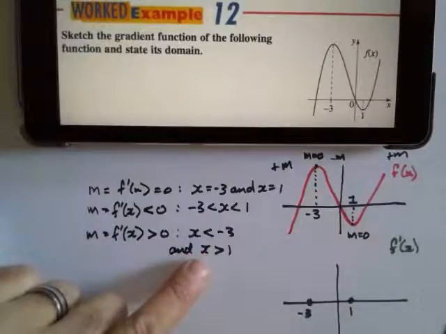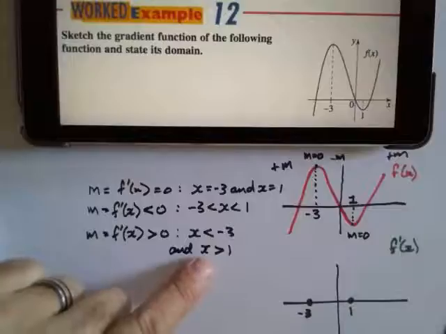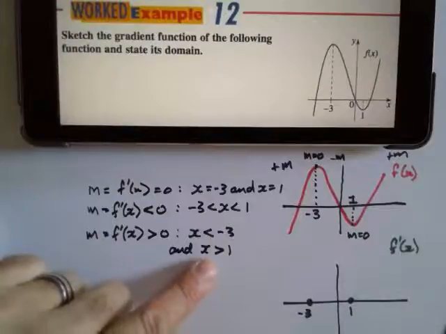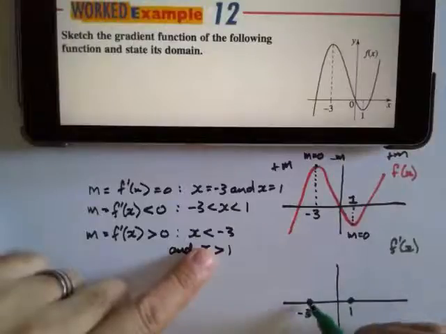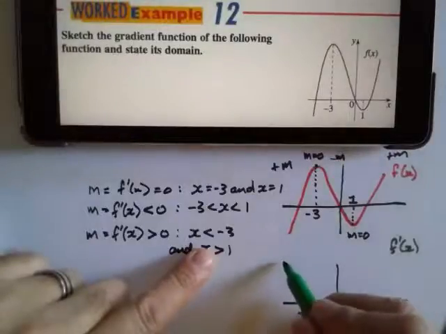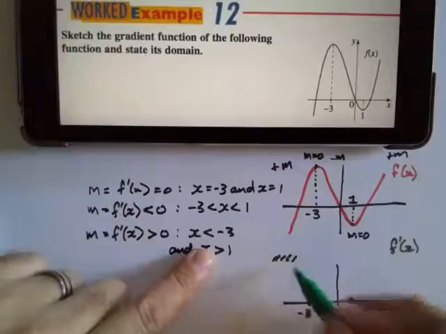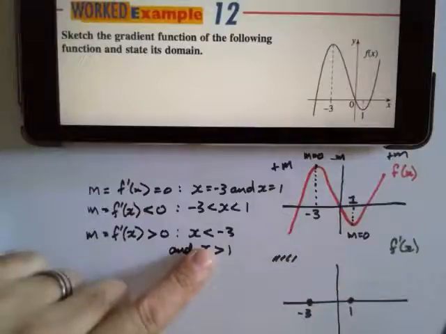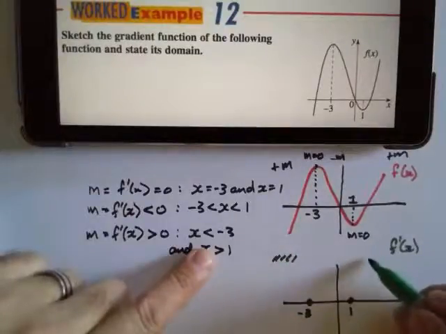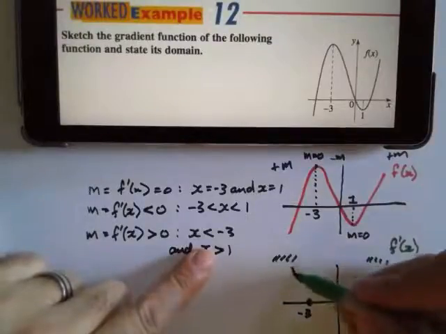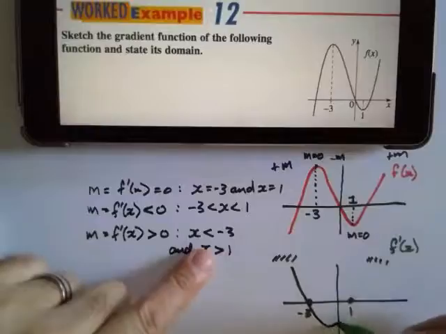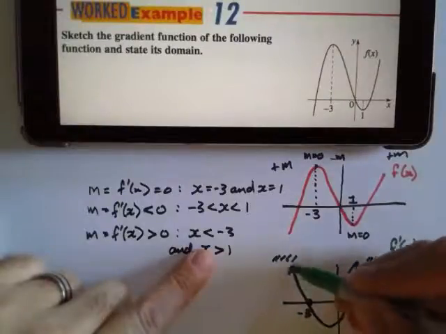And then my gradient needs to be positive before -3 and positive after 1, above the line. So before this point, it needs to be in this area. Then it needs to be in this area between the two points, and it needs to be above the line at this point. So the only way I can do that is doing that.